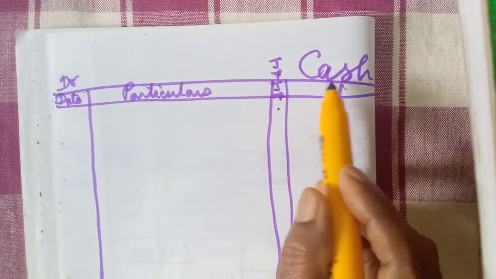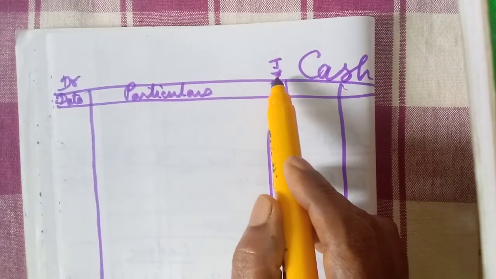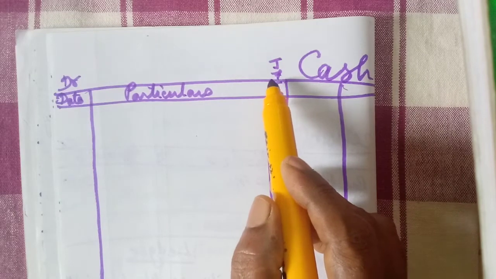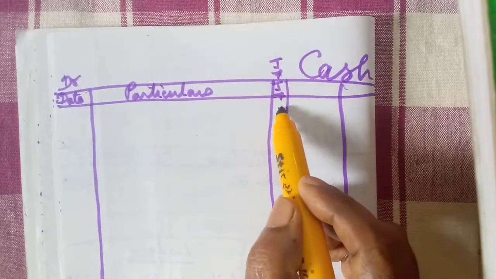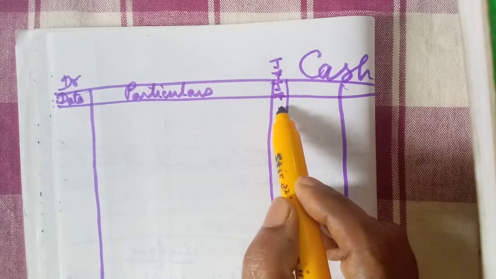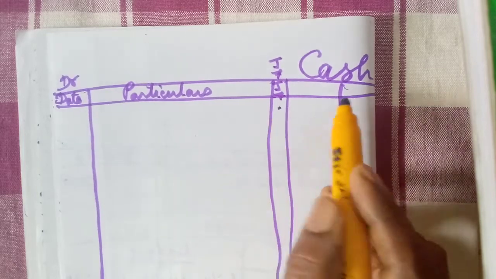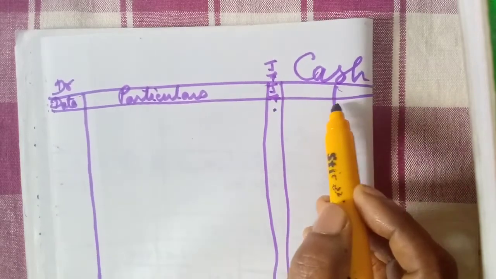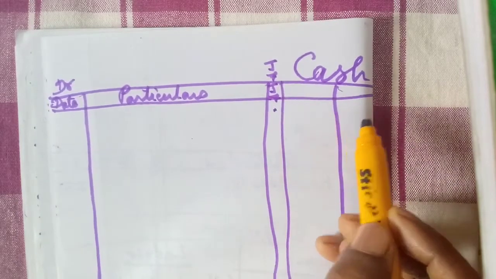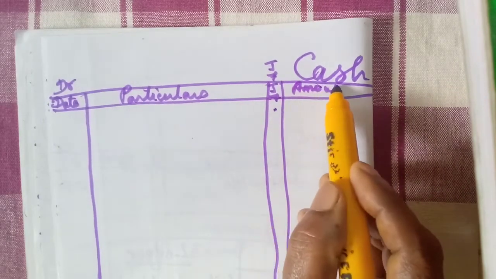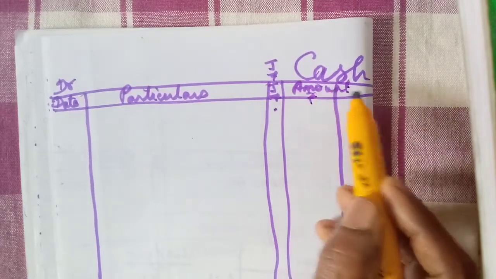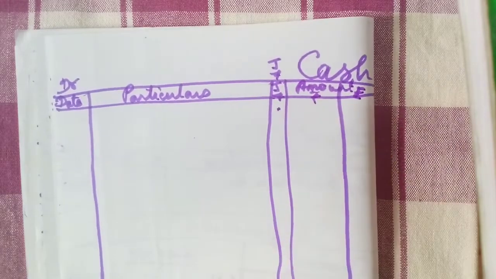So when we post in the ledger account only, we will write there the LF, okay, ledger folio. We will write the page number there, and here also that journal entry's page number we will enter here. Then to amount column, anything to add we can write, otherwise we will write in the outer column. Okay, amount. Usually we will write the rupees. Simple.